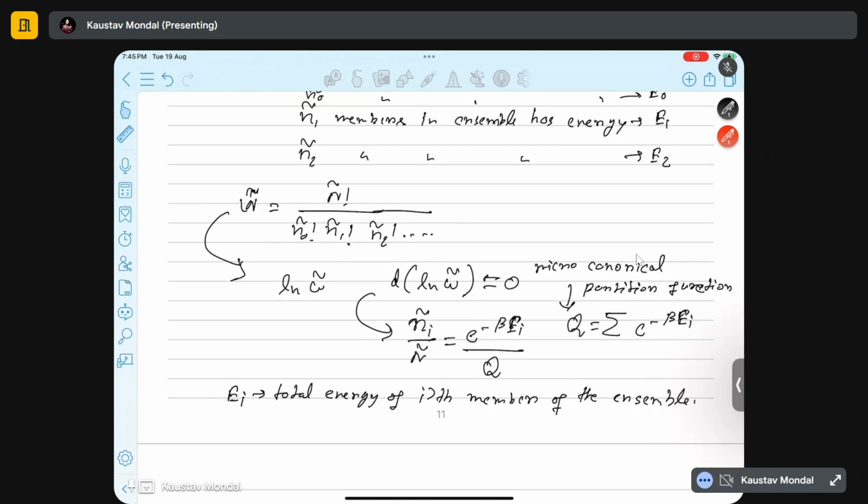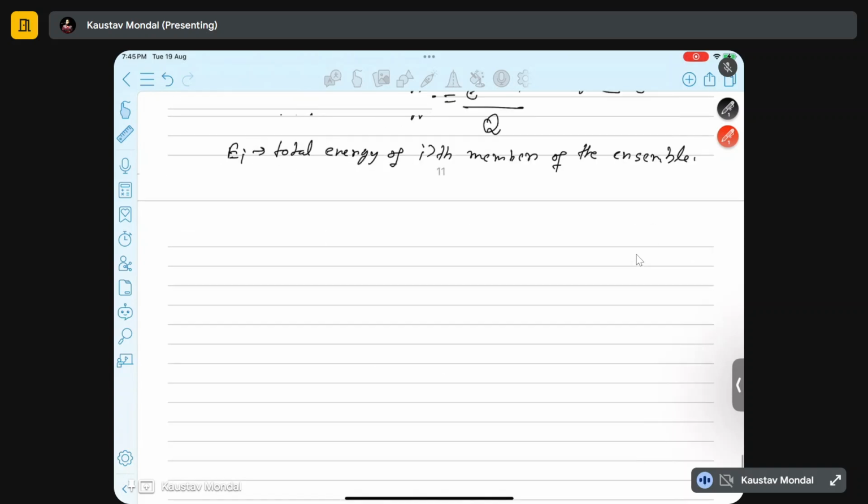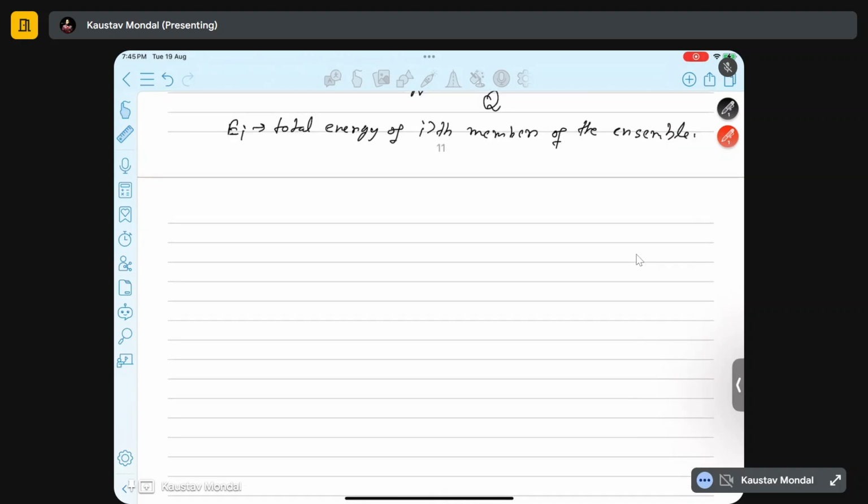So now here also, in a similar way, you can calculate the same quantities, the internal energy, the entropy and all. The same way you can calculate here also. Okay. So the internal energy would be the same. In order to calculate the internal energy, you need the total energy.